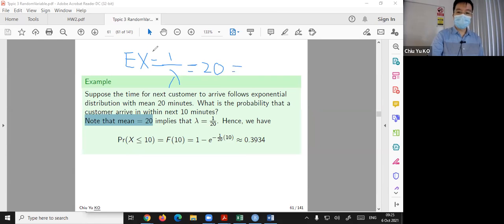That means that lambda is 1/20. Okay, so that's how you get this equation. And asking about the next 10 minutes, then we're just asking for the probability that x is from 0 up to 10. Okay, so this is exactly F of 10. Okay, and it will be 1 minus, just apply the formula.